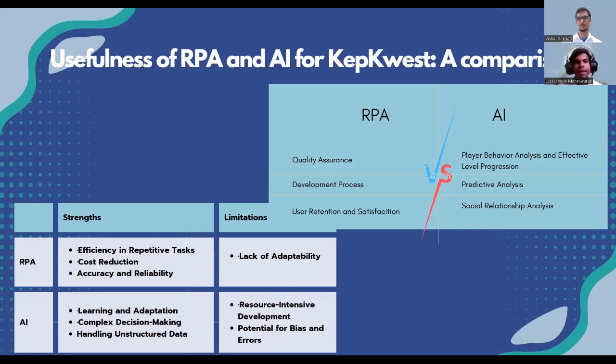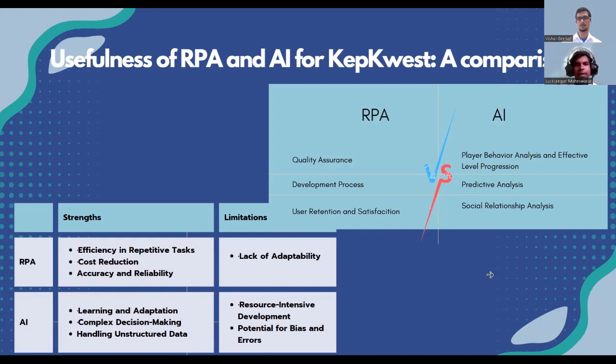Here AI can detect and address ethical concerns like gold farming techniques in in-game features and also in offline characteristics by learning the data. So these are the areas where RPA is going to focus more and also where AI is going to focus more.